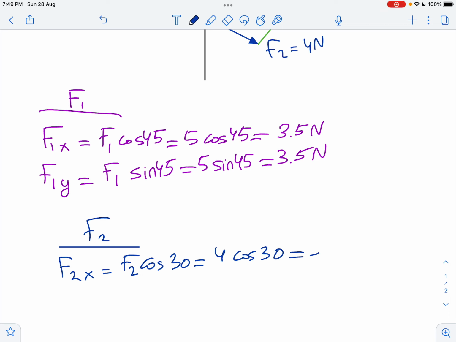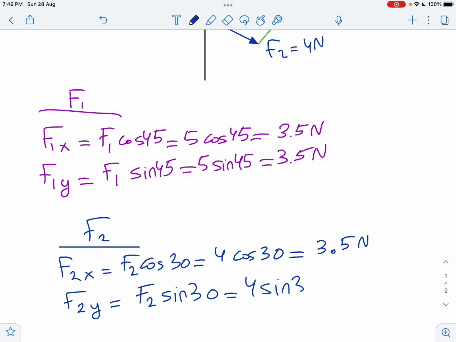You round it to around 3.5 newtons. All right, and F2y will be F2 sine 30. So it will be 4 multiplied by sine 30, you will get 2.